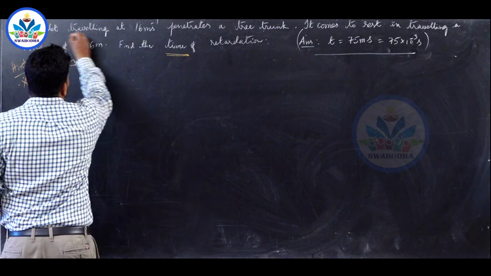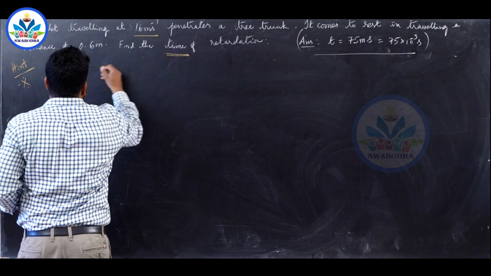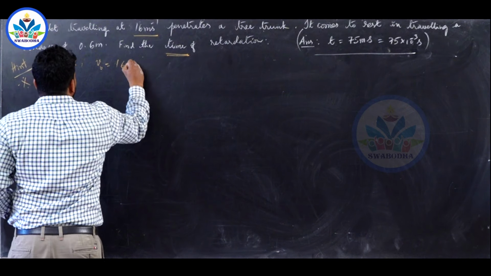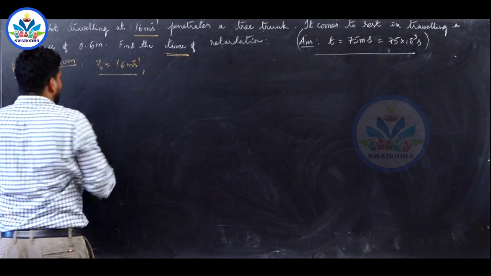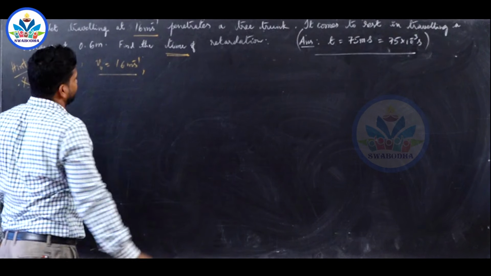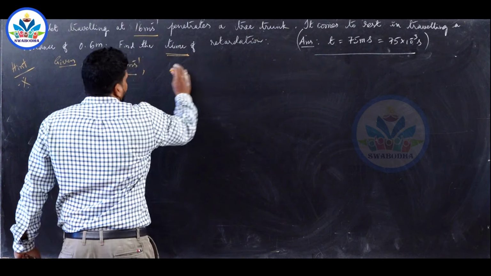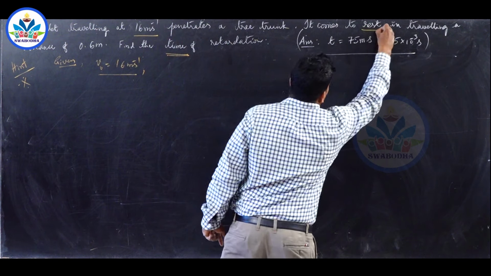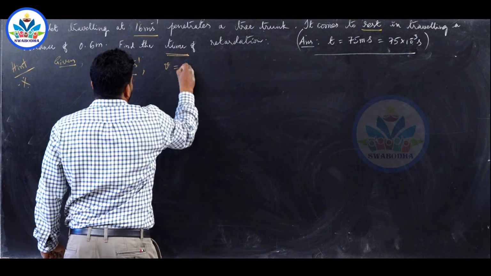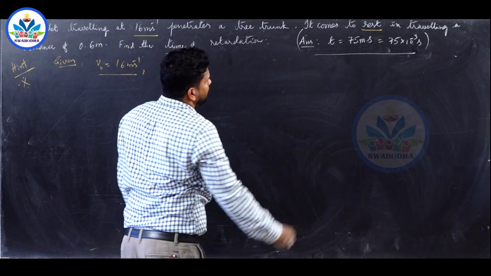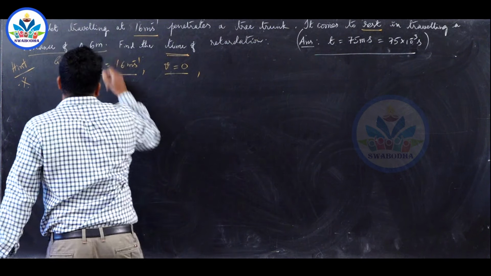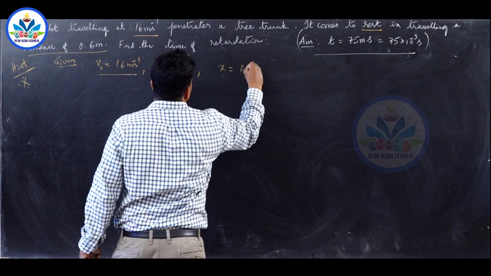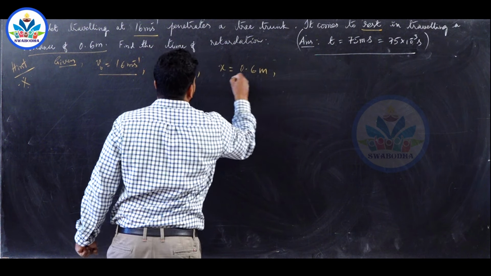Given, a bullet is traveling at 16 meter per second. No conversion is needed because it is given in SI unit. It comes to rest, that is, final velocity is 0. In traveling a distance of 0.6 meter, that is x equal to 0.6 meter.